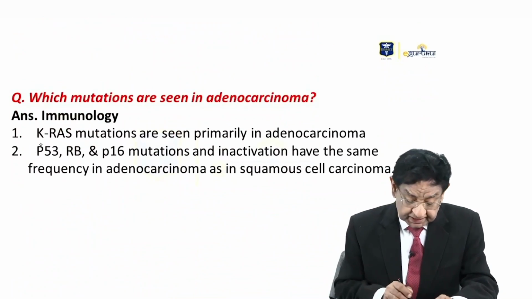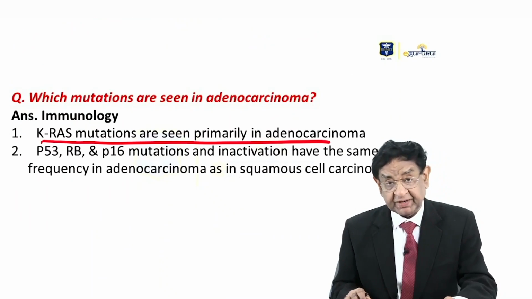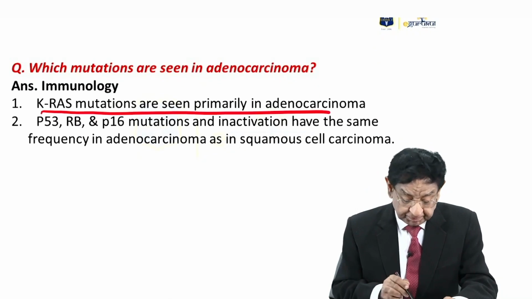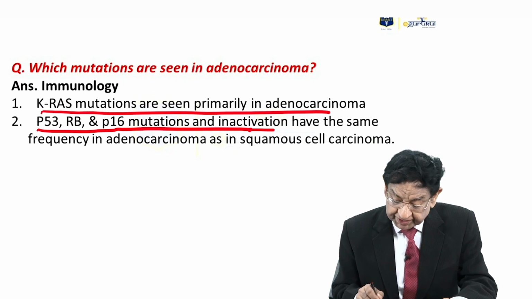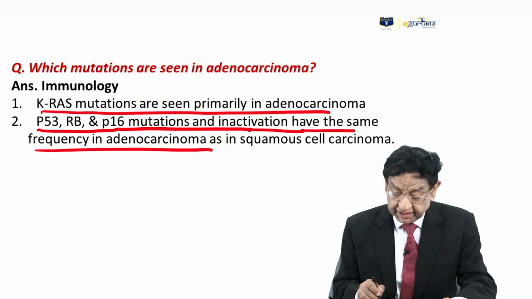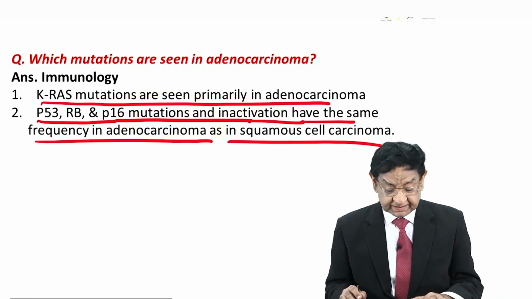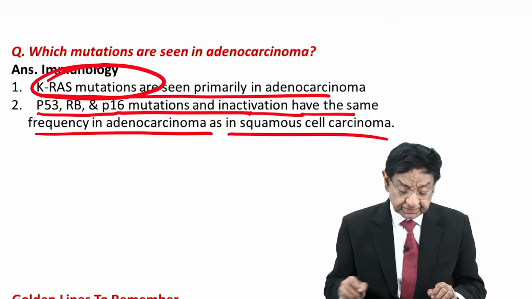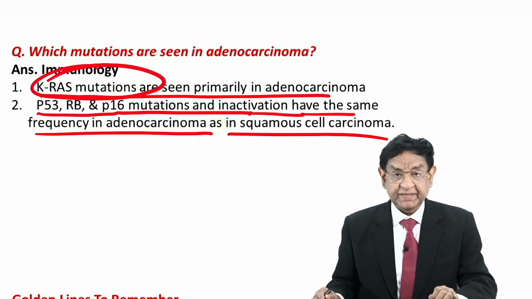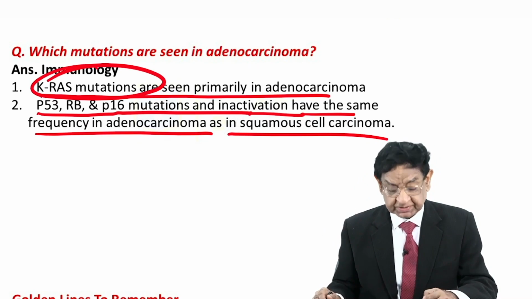Well, KRAS mutation is seen primarily in adenocarcinoma, but P53, RB, and P16 inactivation have the same frequency in adeno as well as squamous cell cancer. It means this is the single most important mutation that must be investigated in case of adenocarcinoma.